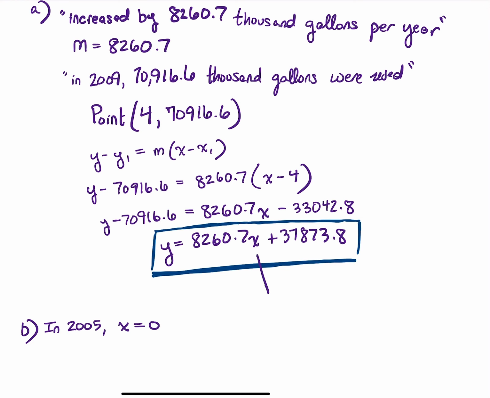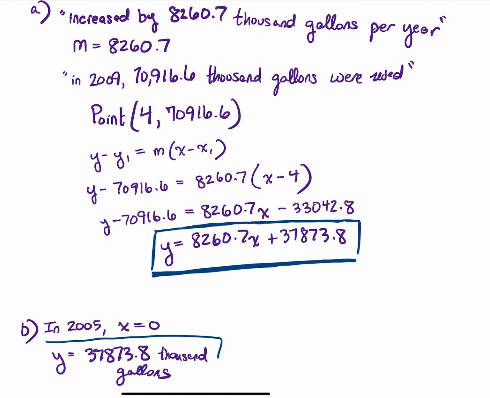You can imagine plugging in 0 for x, we'll just get this term since it's in slope-intercept form. So it would be 37873.8 thousand gallons. That's how much was used in 2005.